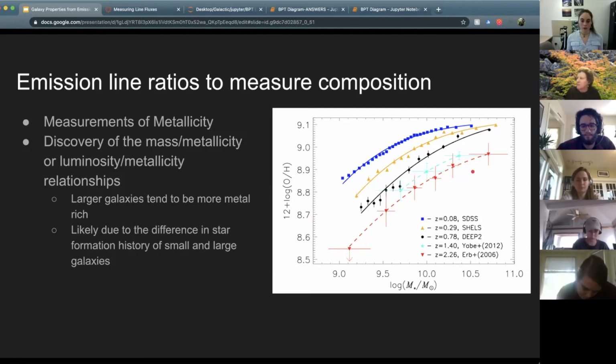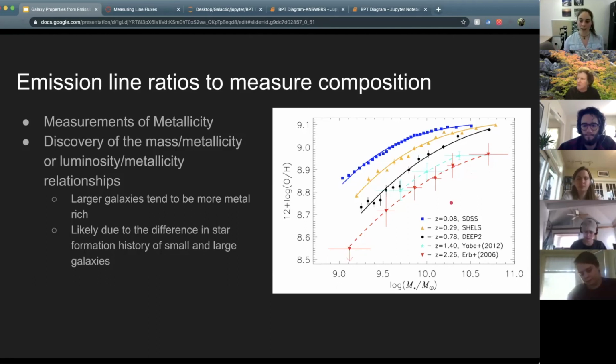So dwarf galaxies tend to have really low metallicities, whereas more massive spiral galaxies and elliptical galaxies have higher metallicities. Probably because the larger galaxies have just had more star formation in their history, and therefore have been enriched by these cycles of star formation, dumping heavier elements into the ISM.